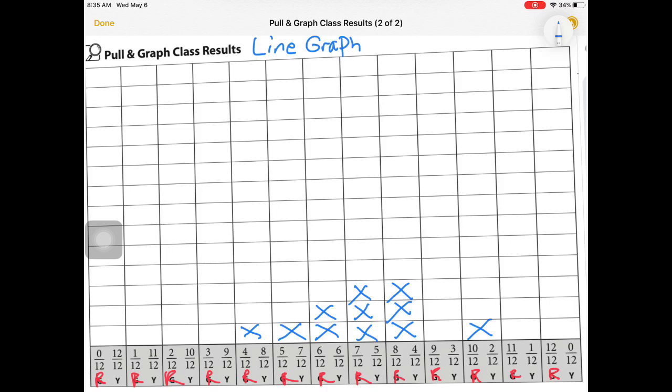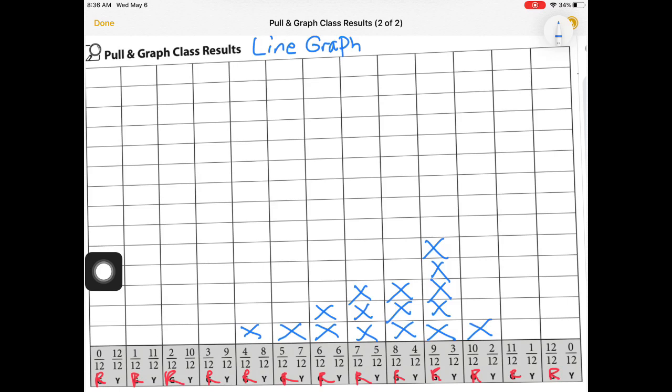But the one that happened the most seemed to be this one right here, which was 9. And that happened 5 different rounds when we played our rounds of this pull and graph. So every time we pulled 12 of them, this one here seemed to be the most.